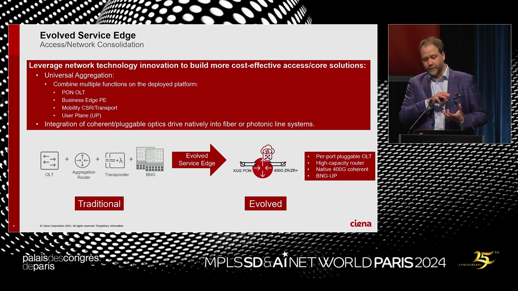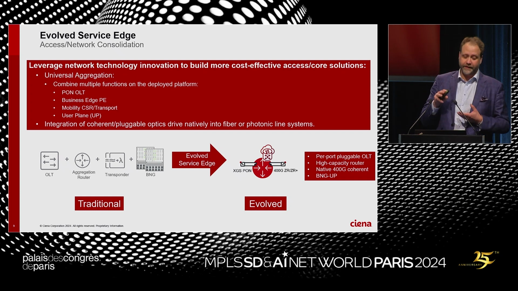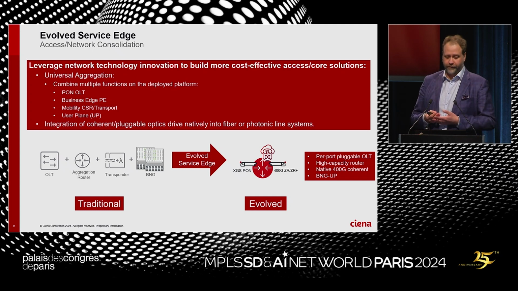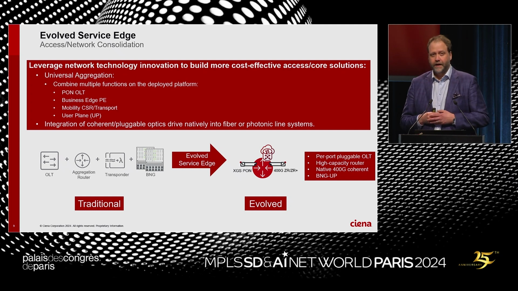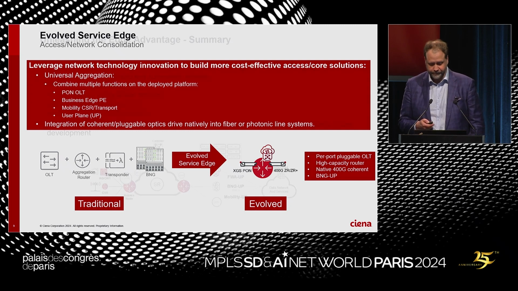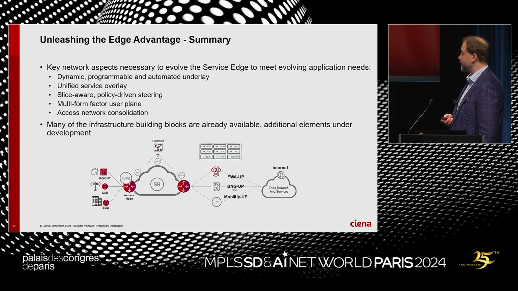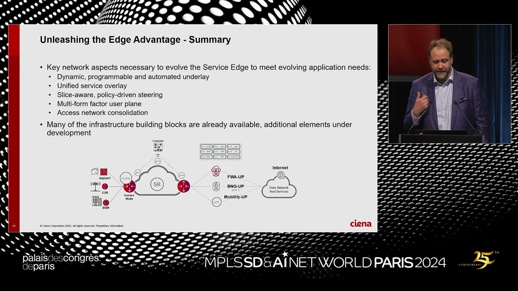So this is where I see a big opportunity for operators as they evolve to really collapse a lot of functions onto the same infrastructure, deploy services the same way as they did before, but now save a lot of infrastructure.